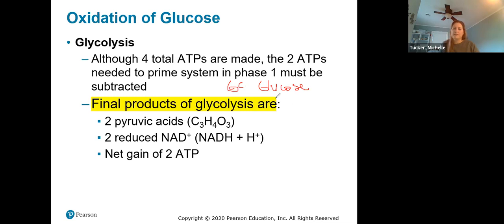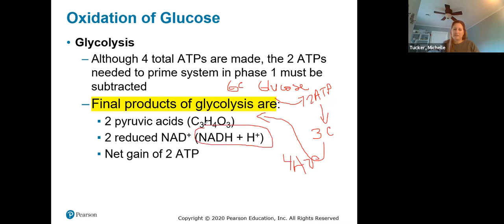We have to invest 2 ATP in order to make 3-carbon fragments. When those 3-carbon fragments are converted, we produce 2 NADH plus H's for a net gain of 2 ATP.